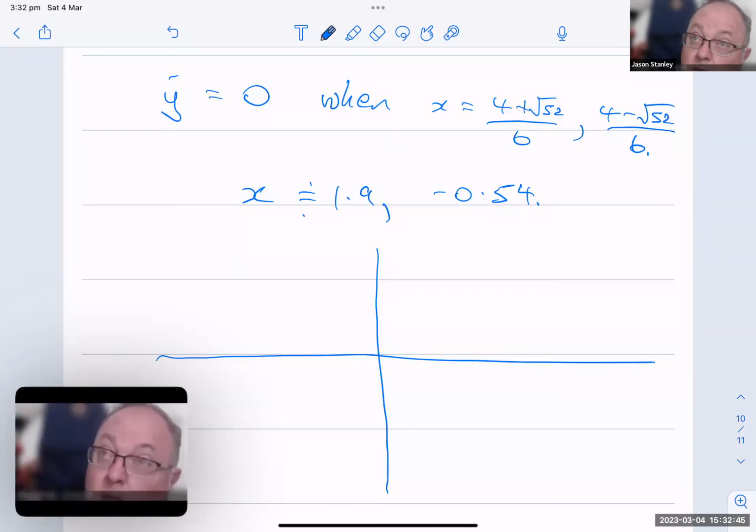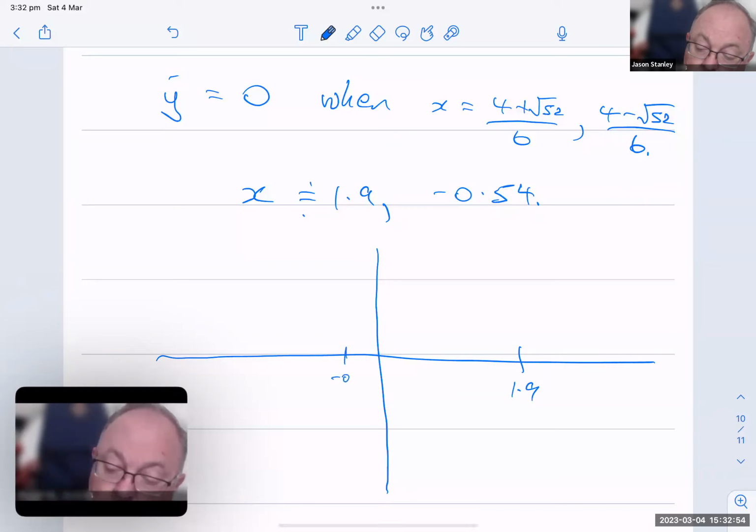Somewhere on that line is an m value that is flat.